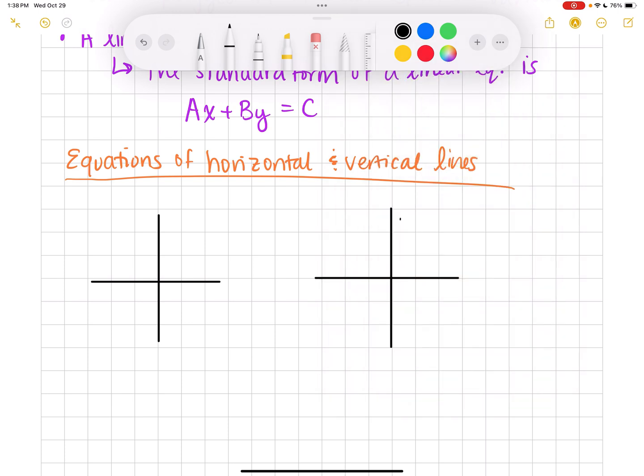If I have a graph that looks like this, this is the graph of x is equal to a, and this point is (a, 0). Over here, if I have a graph that looks like this, this is the graph of y is equal to b, and this point is (0, b).